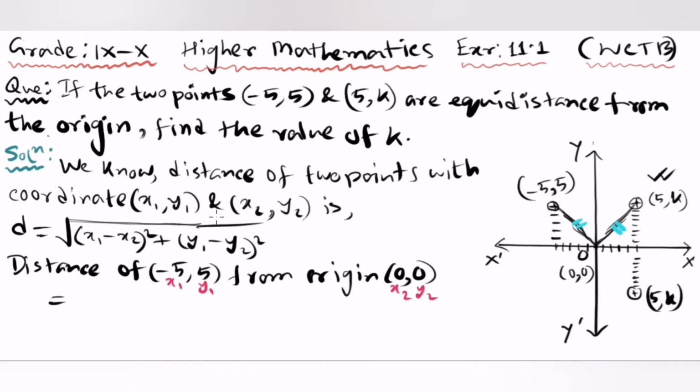So if I apply the formula, what is going to happen? According to the formula, x1 minus x2 whole square. So x1 is negative 5, and x2 is 0. So negative 5 minus 0 whole square, positive from the formula, then again y1. So y1 is also 5, and y2 is also 0 here. So 5 minus 0 whole square.